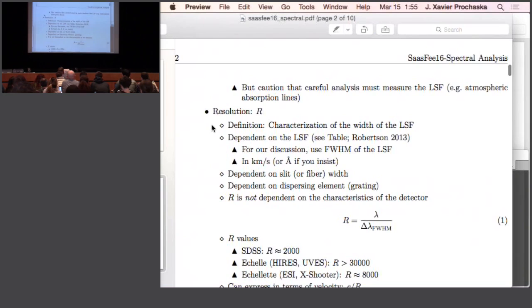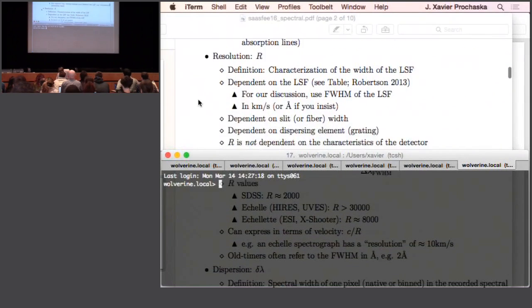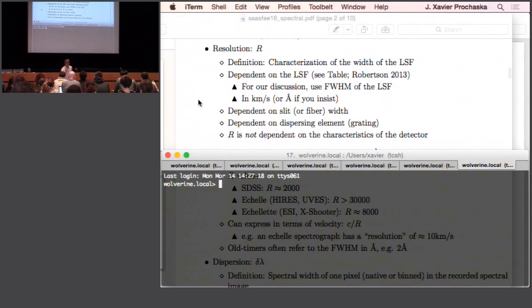Under that assumption, let me define the resolution. That's the characterization of the width of that line spread function, the physical width. It is dependent, again, on the line spread function, but we'll assume the Gaussian. It's dependent on the slit width that you use, or the fiber width that you use.